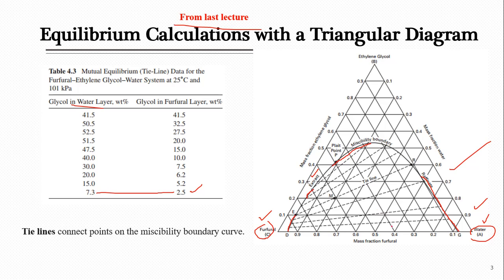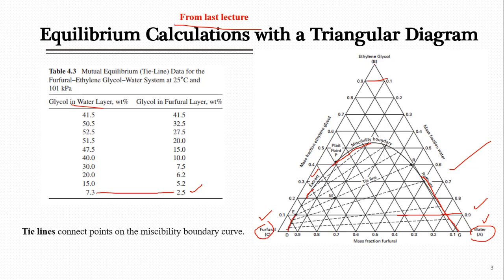Suppose I have to locate 7.3. You see these horizontal lines are showing glycol. This is 100%, then 90%, 80% and so on, and this bottom line is 0% glycol, and this line is 10% glycol. So overall 7.3 will be located somewhere below this line, and 2.5 will be located even lower. The tie line connects the raffinate side with the extract side at equilibrium.